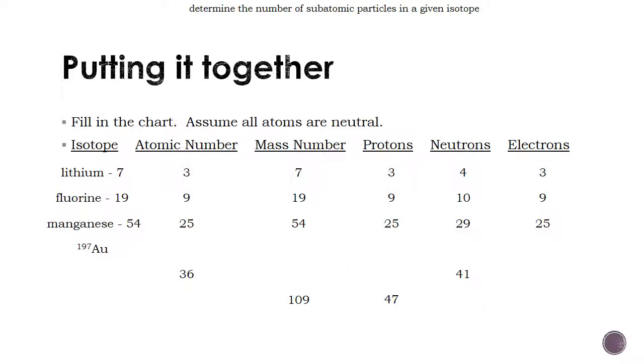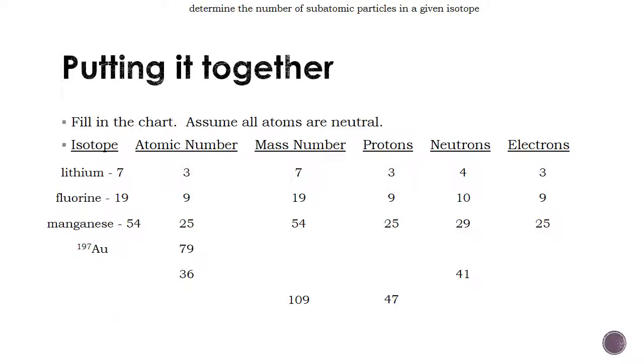Alright, so this first one here, we're given gold 197. Okay, recall this notation gives us the exact same information that this notation does up here in the first three. So if you look at your periodic table, find the symbol Au, you'll see that's gold. And remember, this 197 is the mass number. So gold has an atomic number of 79.